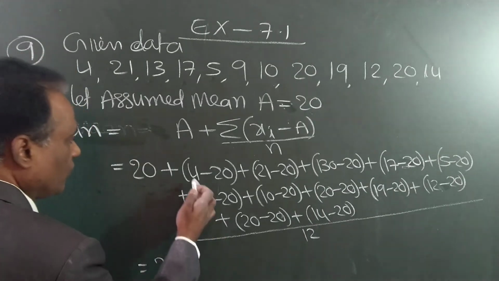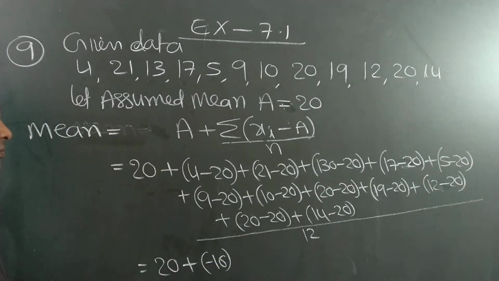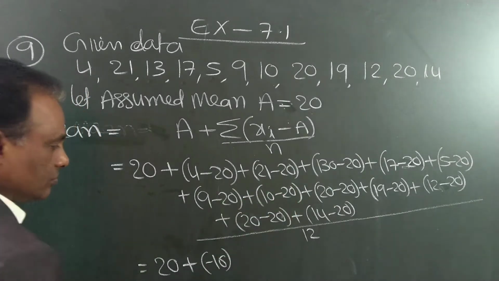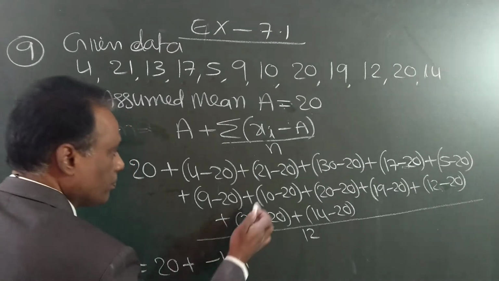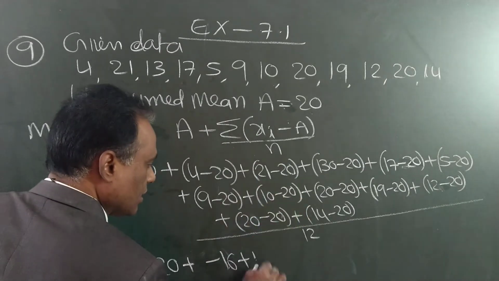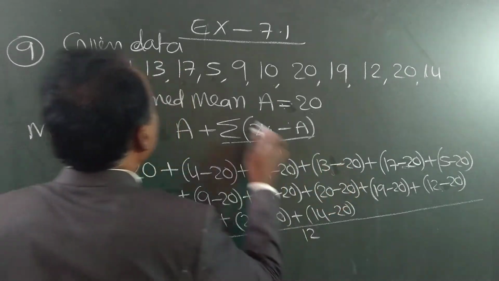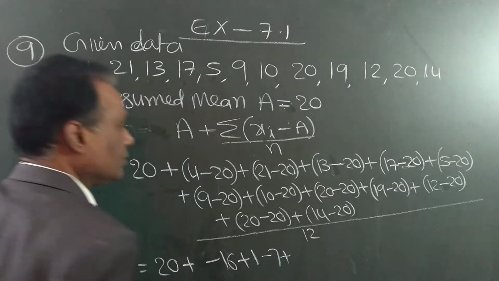See students. 4 minus 20 is minus 16. Then 1: minus 16 plus 1. 13 minus 20 is minus 7.